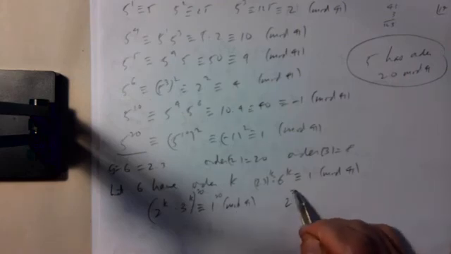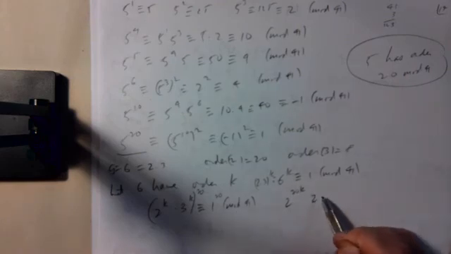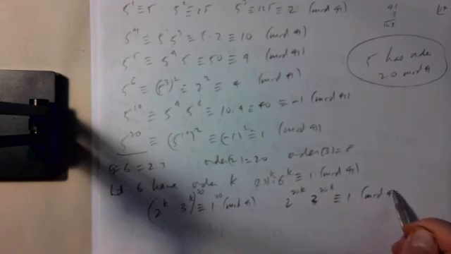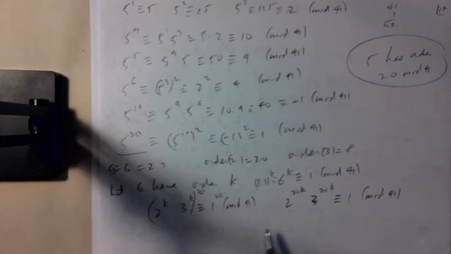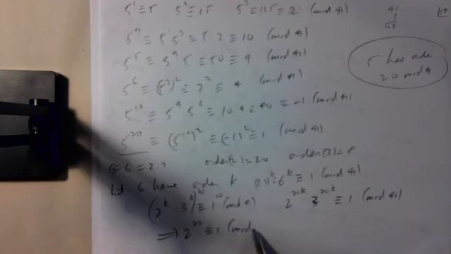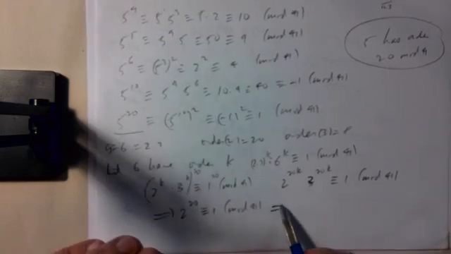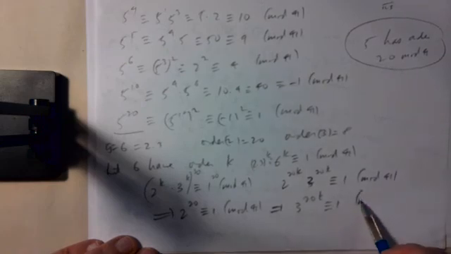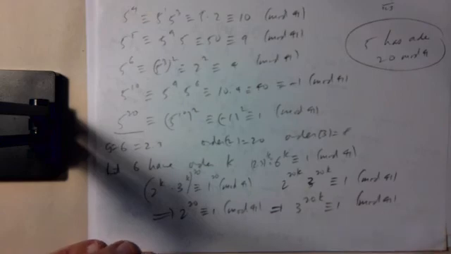So 2 to the 20k times 3 to the 20k is congruent to 1 mod 41. But 2 to the 20th is 1. So this says 3 to the 20k is congruent to 1 mod 41.